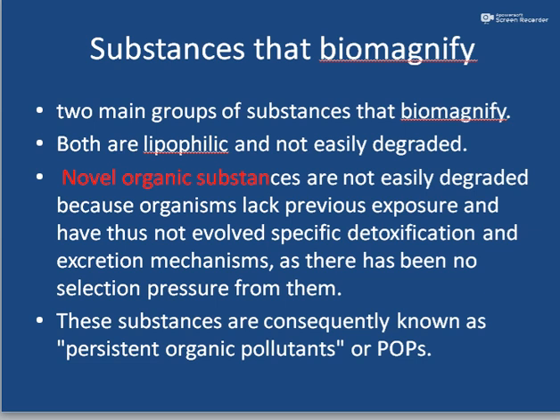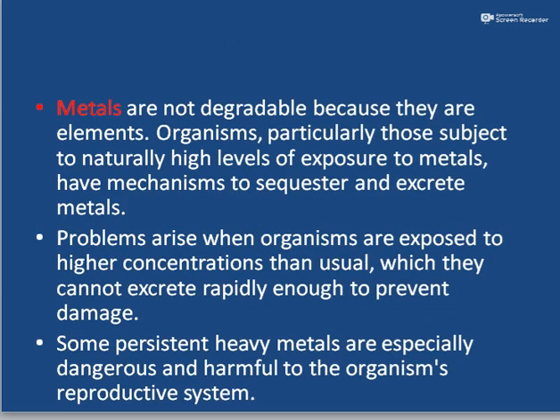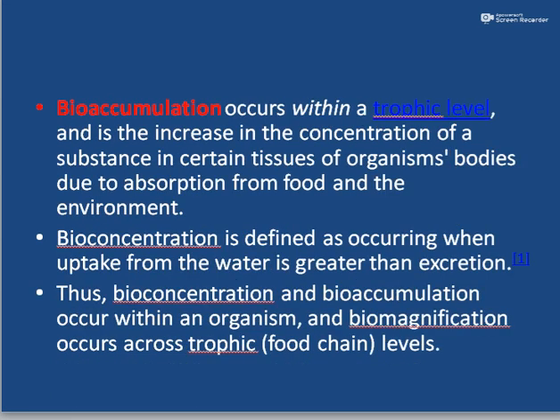These substances which do not degrade and which accumulate can be referred to as persistent organic pollutants or POPs, as we had mentioned earlier in the previous class also. And the metals, these are some examples of that. Heavy metals especially, they do not degrade and they will be persistent and they will be harmful to the organism's reproductive system.